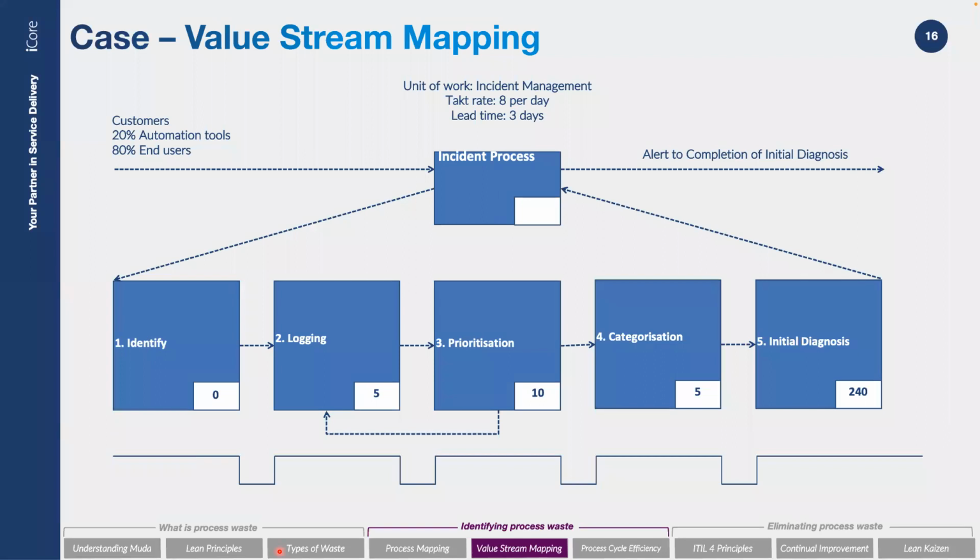Logging 5 minutes, prioritization 10 minutes, categorization 5 minutes, initial diagnosis 240 minutes, which is 4 hours or thereabouts. So that's roughly where we're at there.